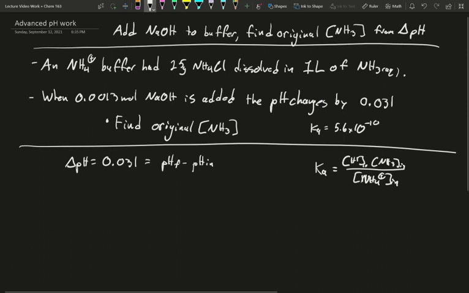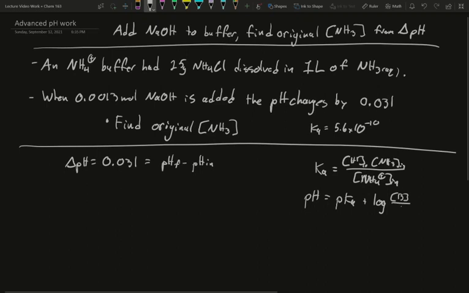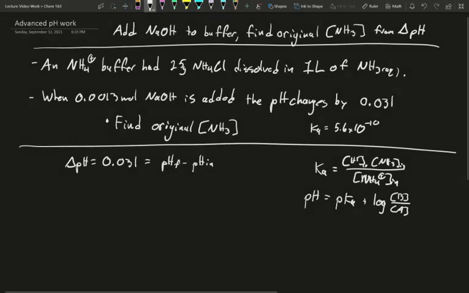But an easier formula in this case might be the one that says my pH is equal to my pKa plus the log of my base over my acid. pKa is not going to be different. That's just the Ka in log form. So pKa is going to be the same for initial and final.